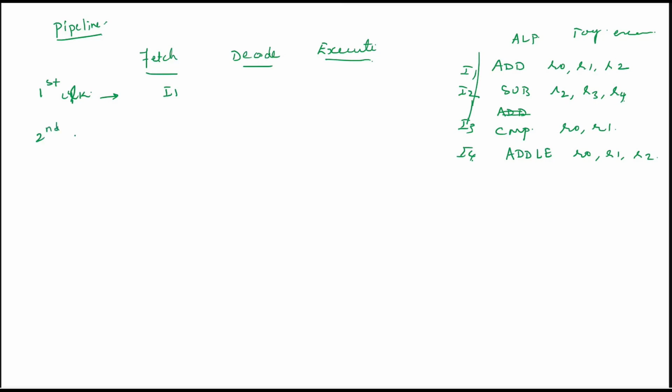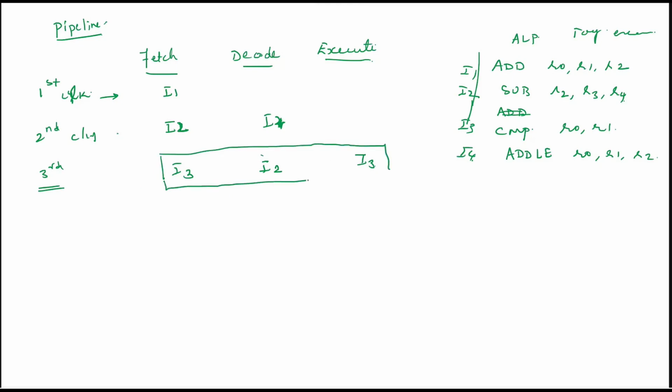During the second clock cycle, instruction one will be in decode and instruction two will be in fetch. In the third clock cycle, instruction one is in execute, instruction two is in decode, and instruction three is in fetch. So in a single clock cycle, all three instructions are executing in parallel.